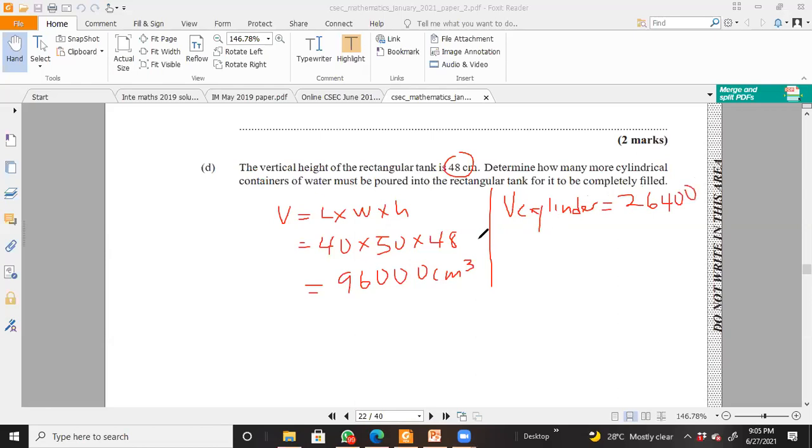All right. Look at the question they asked now. How many of the cylindrical containers of water must be poured in the rectangle to completely fill it? So if the tank is completely full, it will be 96,000 centimeters cubic. They asked how many containers must be poured inside there to make it full? What will I do?